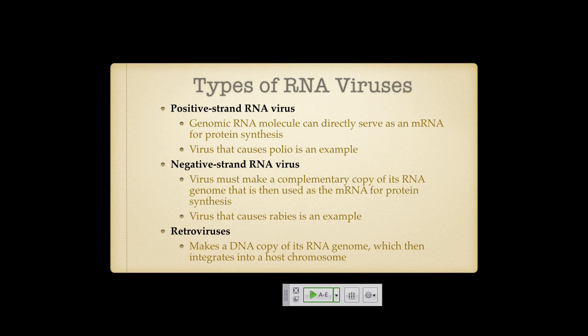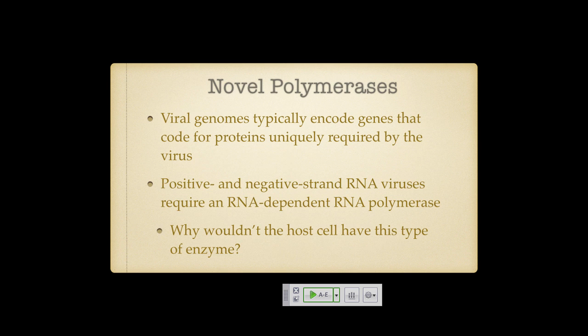In this case, we talk about HIV, we're talking about human cells. So these viral genomes, again, needed a unique enzyme. So they needed an RNA-dependent DNA polymerase. This was a reverse transcriptase.